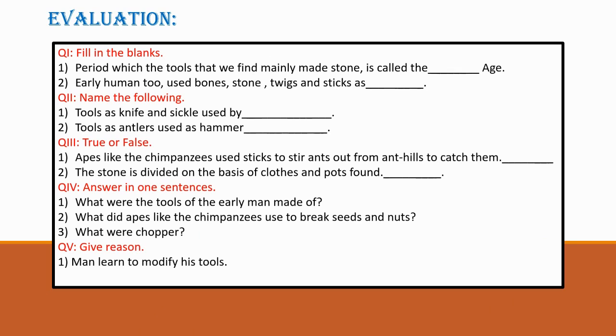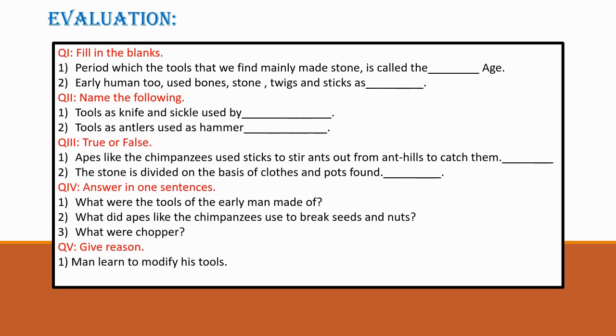Evaluation, fill in the blanks. The period in which the tools that we find are mainly made of stone is called the dash age. Answer is Stone Age. Early humans used bones, stone, twigs and sticks as dash.